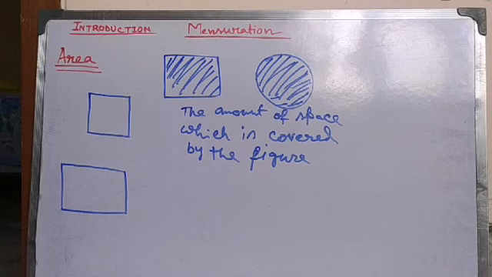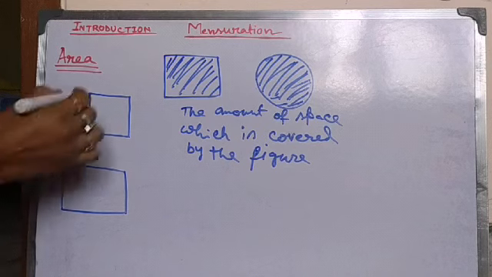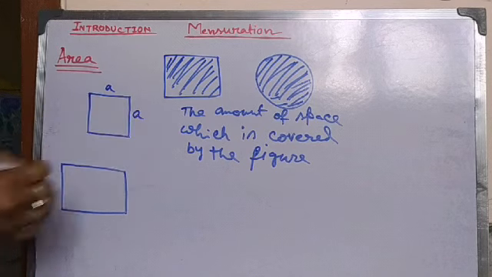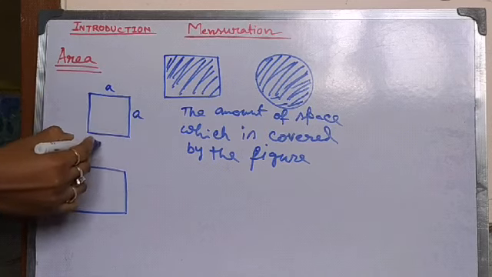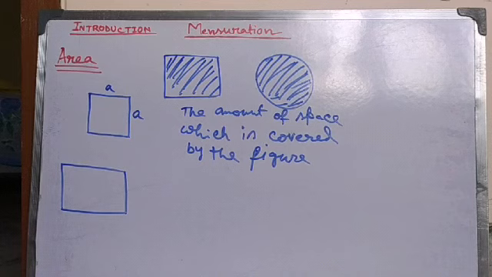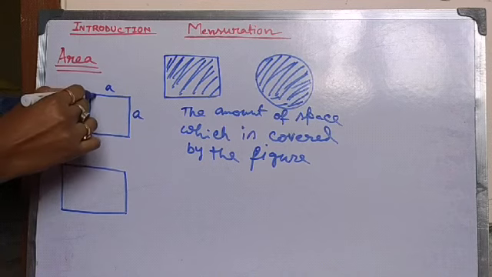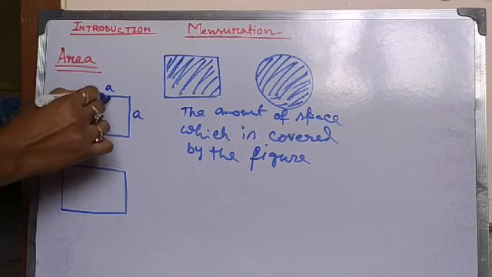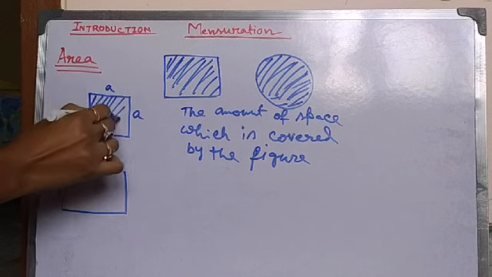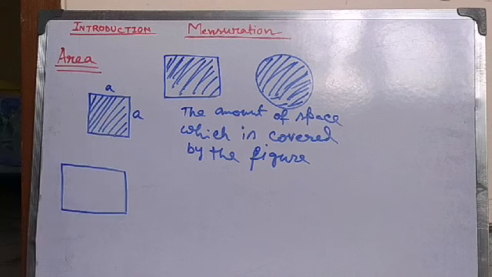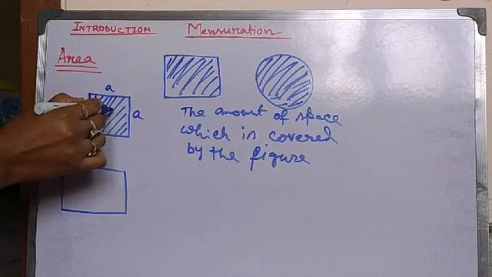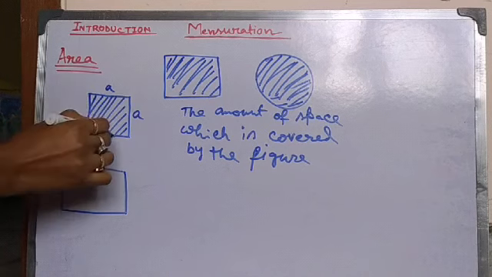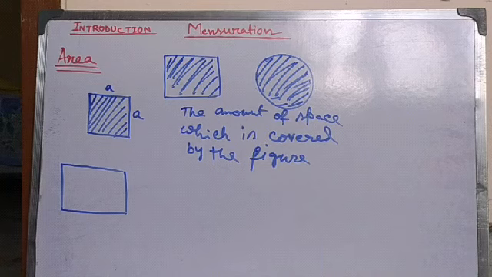Now I am going to discuss the area of the square. Here the square's sides are A. All the sides are equal, so all the sides measure A. Now what is the area of the square? The amount of the space, that means I have to find out the space covered by the square, that will be the area of the square.